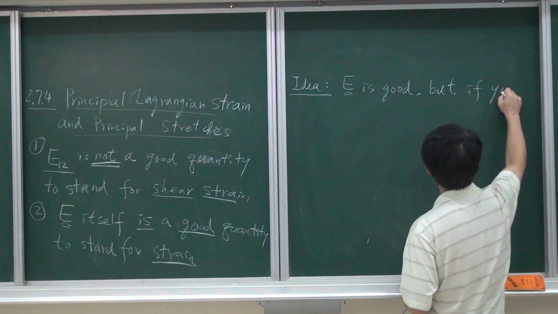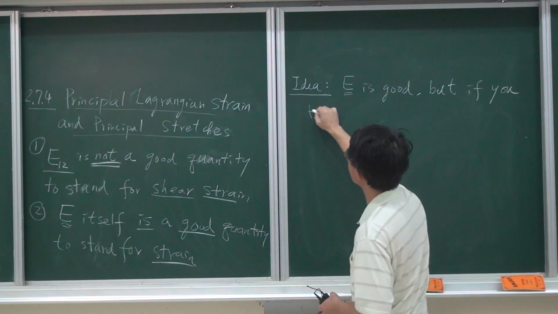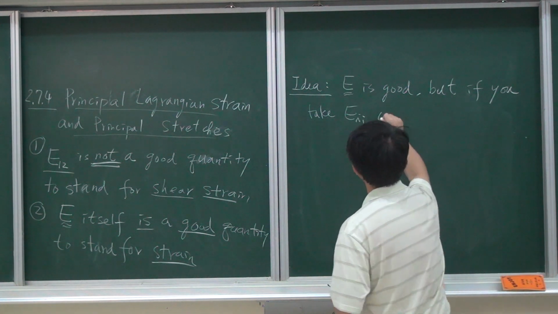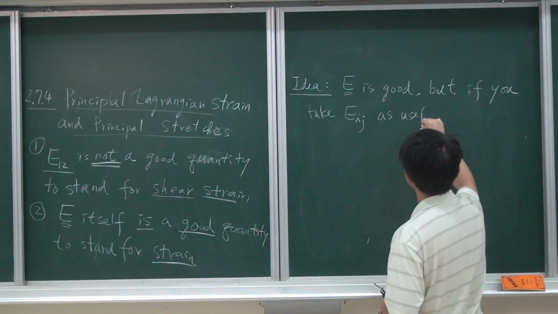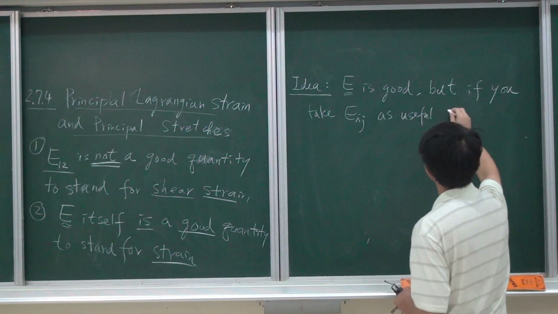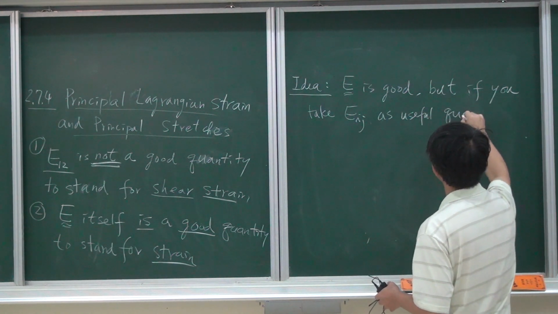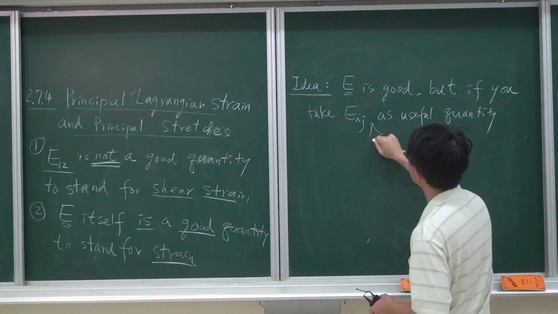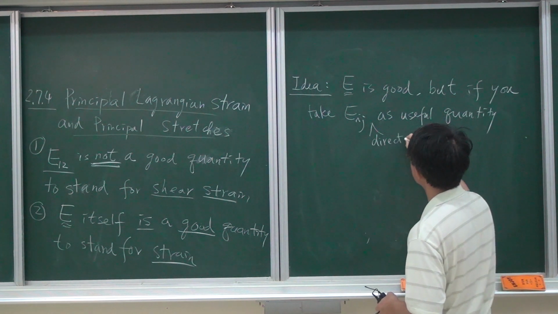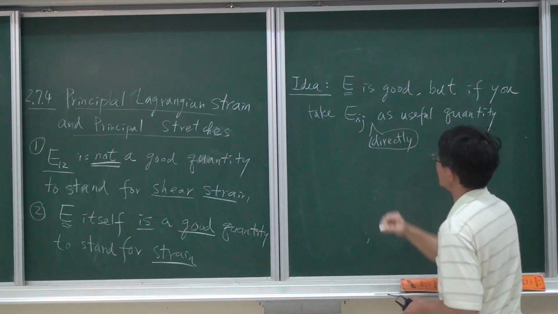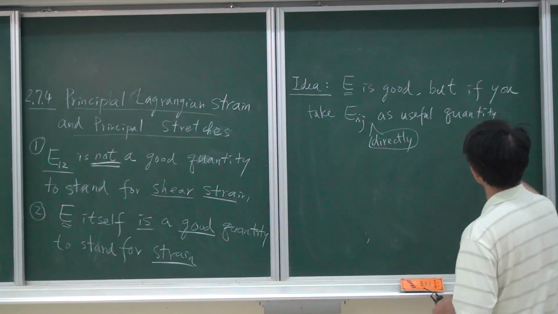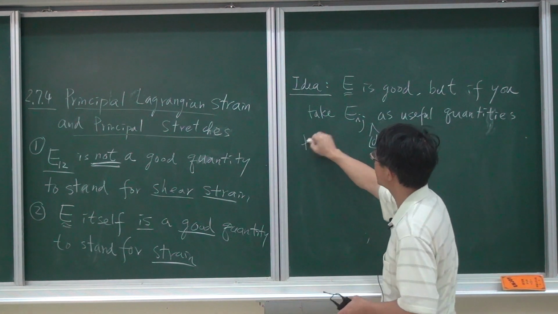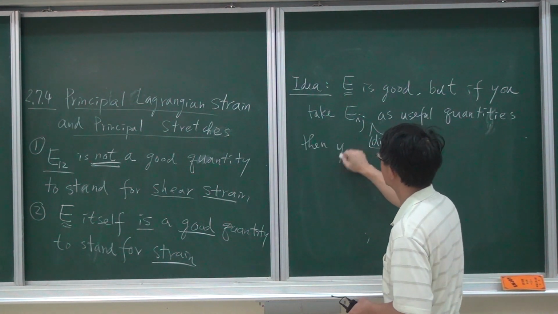E is good, but if you take Eij as useful quantities, then you are wrong.